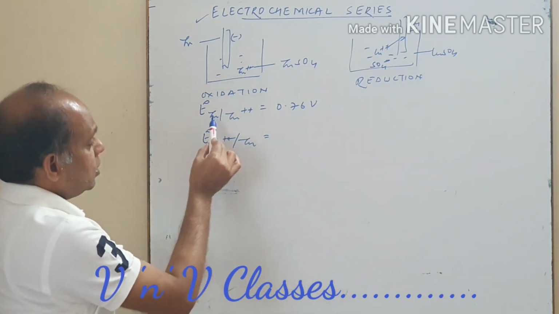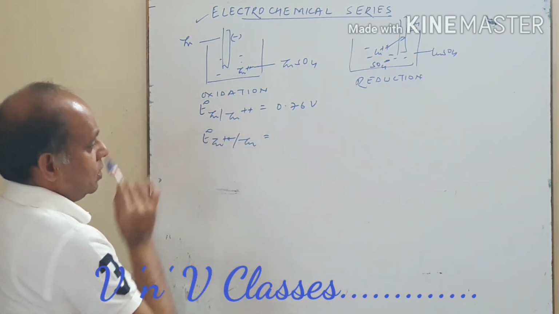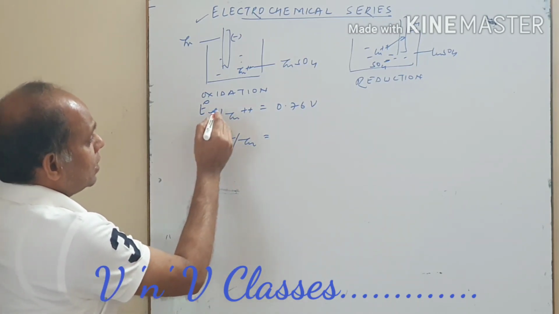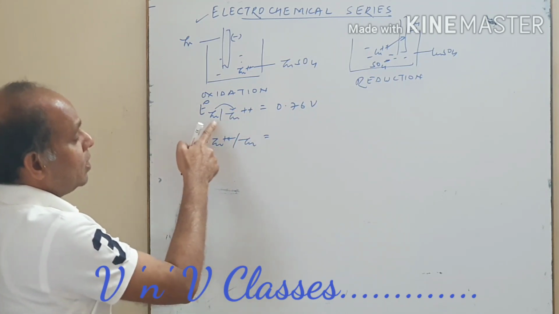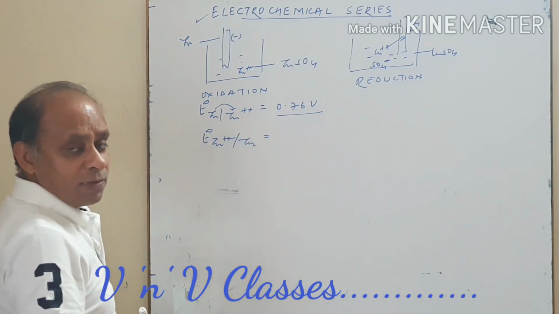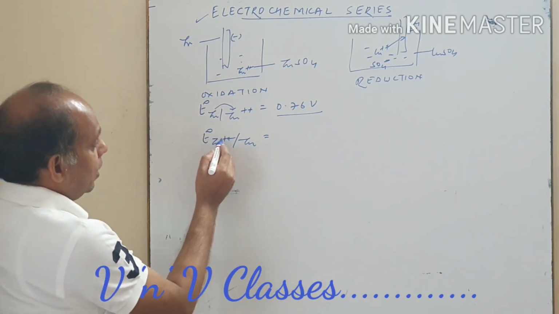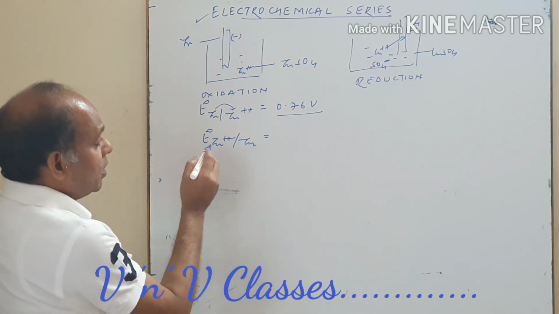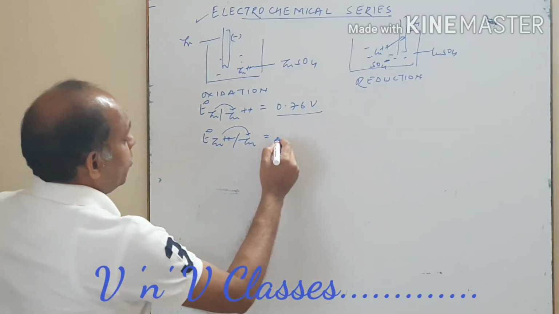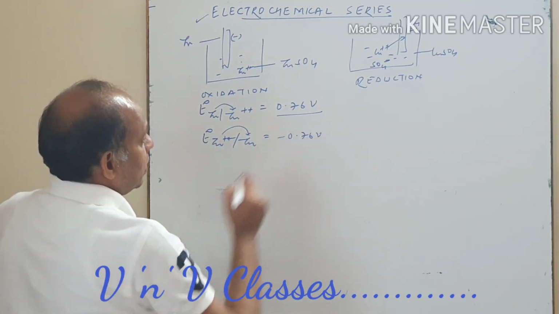You see, first the symbolization is changed. Here Zn to Zn2+ shows that zinc is converting into zinc ion, which is the process of oxidation, and its value comes to be 0.76 volt. But here Zn2+ to Zn shows that zinc ion is converting into zinc, and its potential value comes to be minus 0.76 volt.